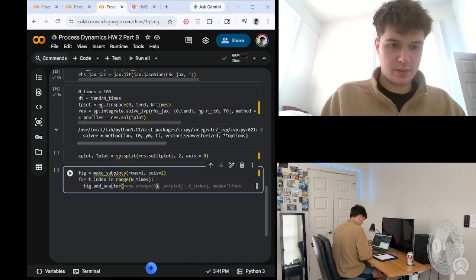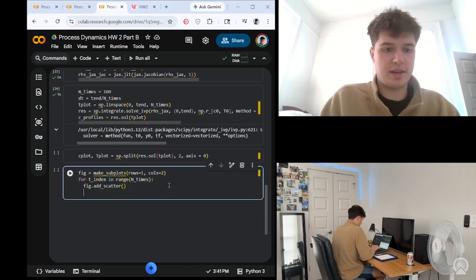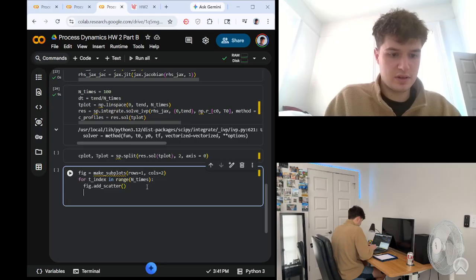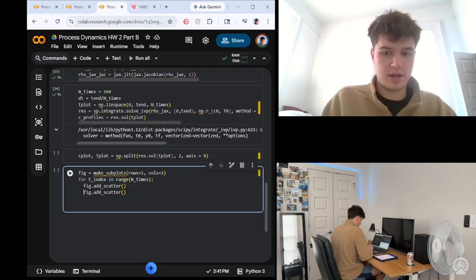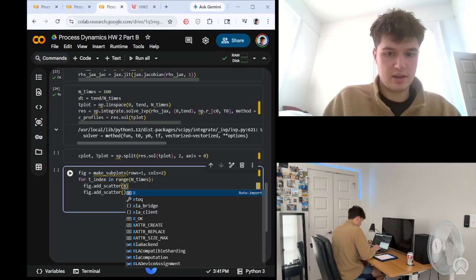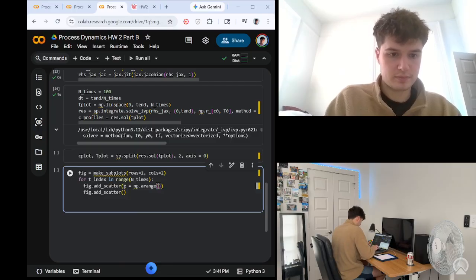We're actually gonna copy. Now we arrange C plot. We're just gonna type this out, and we're actually gonna copy this too, because we're gonna obviously plot both C and T plots. So in these parentheses, we need x equals np dot arange.